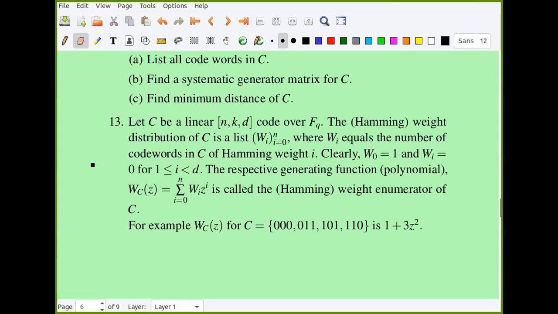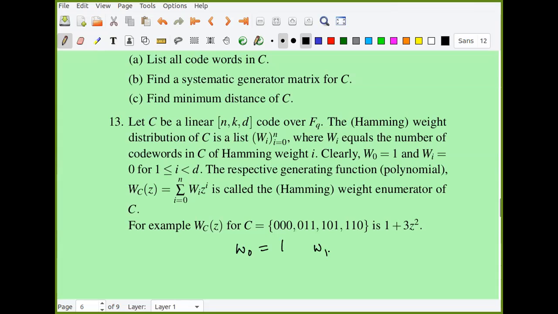Now this is called a generating function, or a code word enumerator polynomial. For example, I'll explain here. What are the weights? Weight 0, how many are there? Only one.